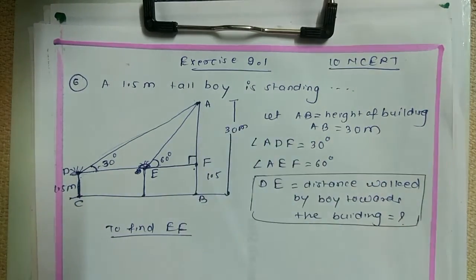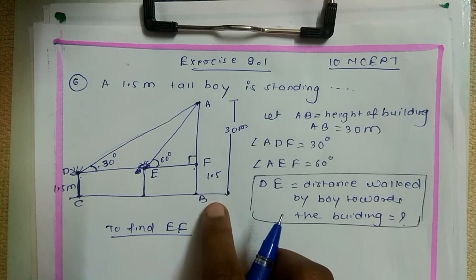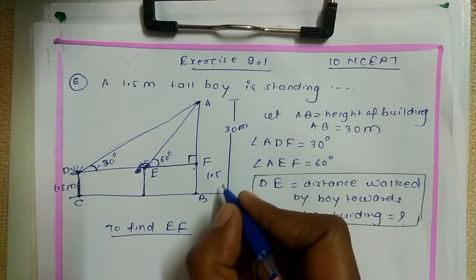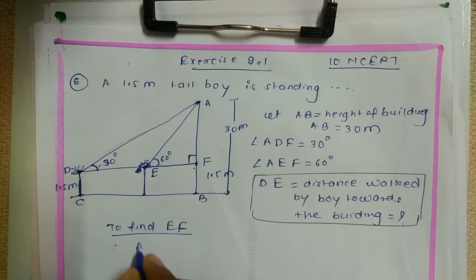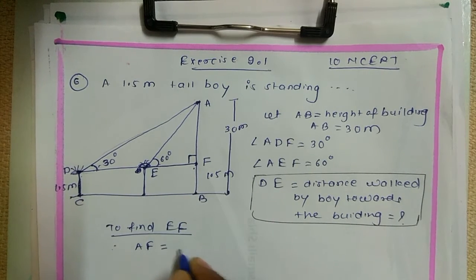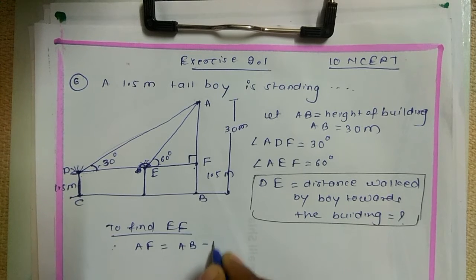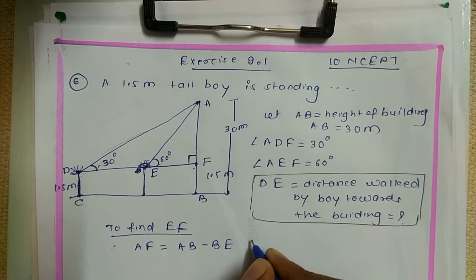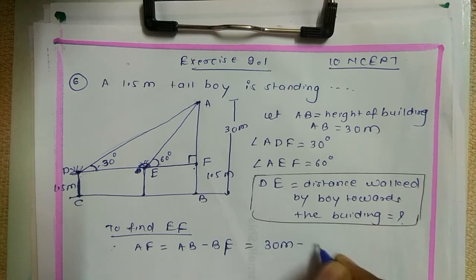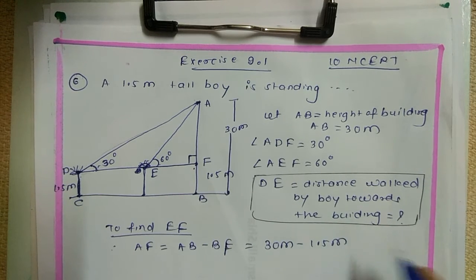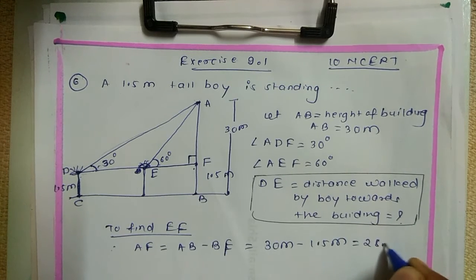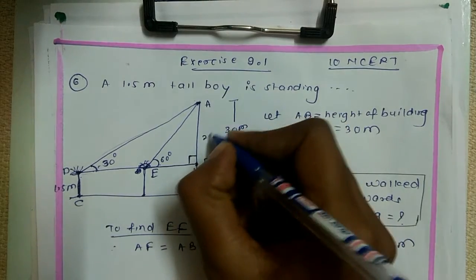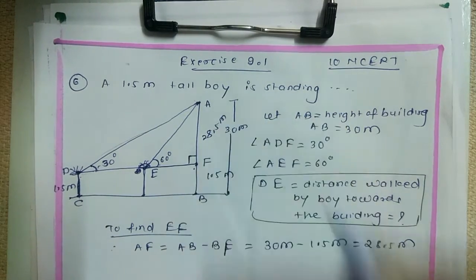So from AB subtract BF, that is 1.5 meters, so that we will get AF. AF equals AB minus BF. So AB is 30 meters minus 1.5 meters. If you subtract this, you will get 28.5 meters. So I'll write here, this is 28.5 meters.